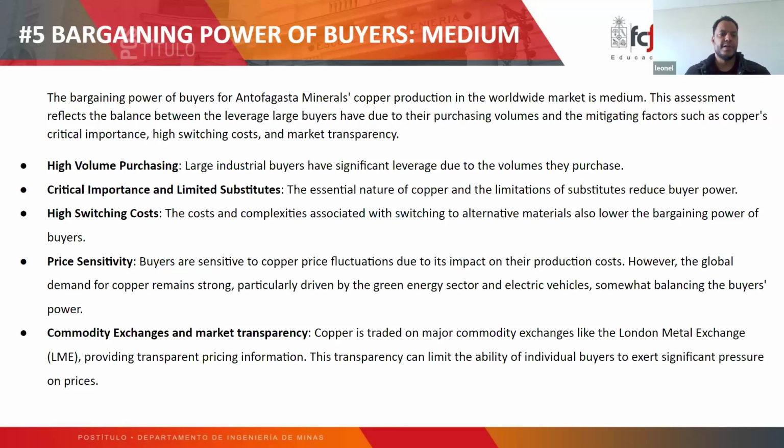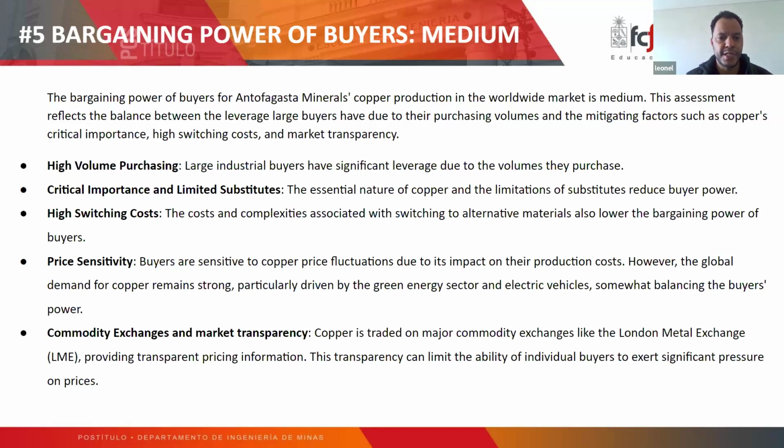There is another thing that we consider highly important, which is the volume of purchasing that a large industry can have. Let's put China as a main buyer of copper concentrate. They buy really high volumes of this material, so things like that give power to buyers.